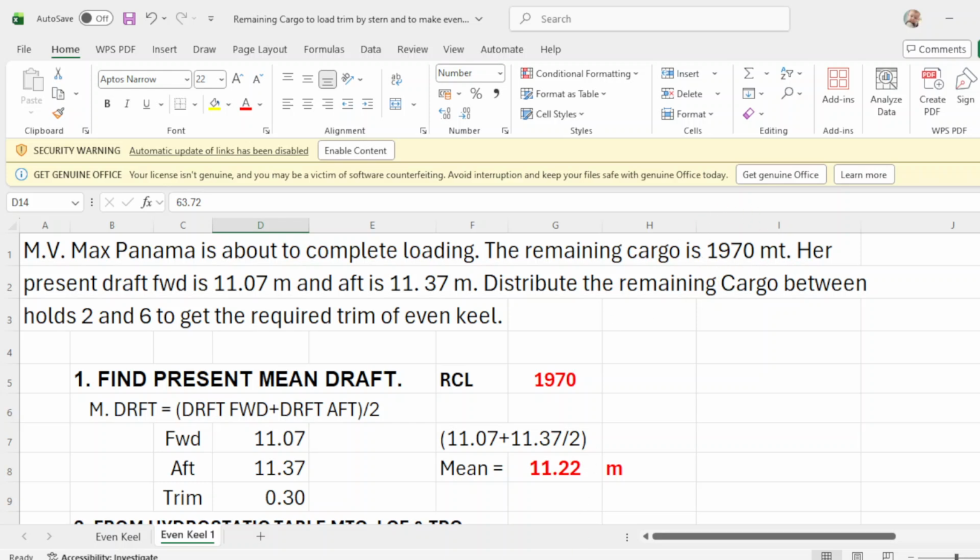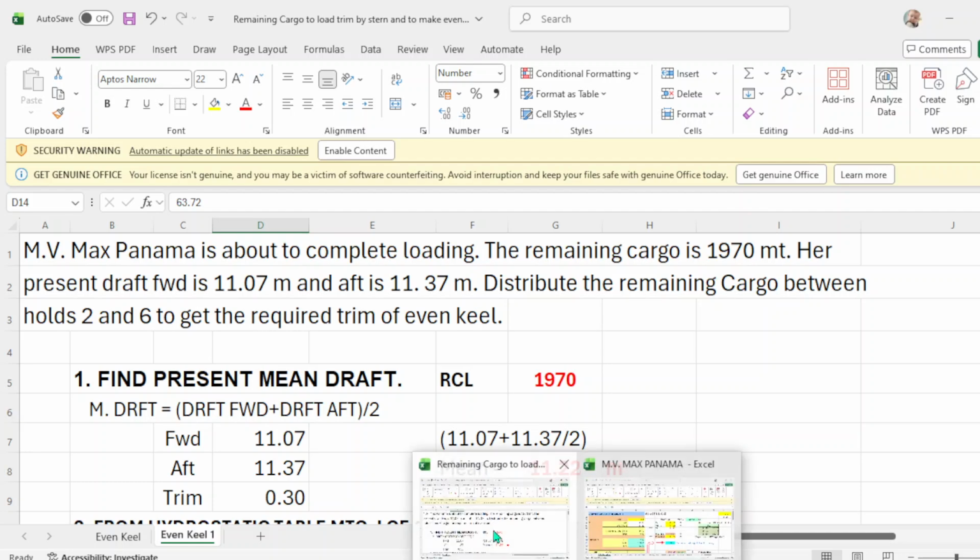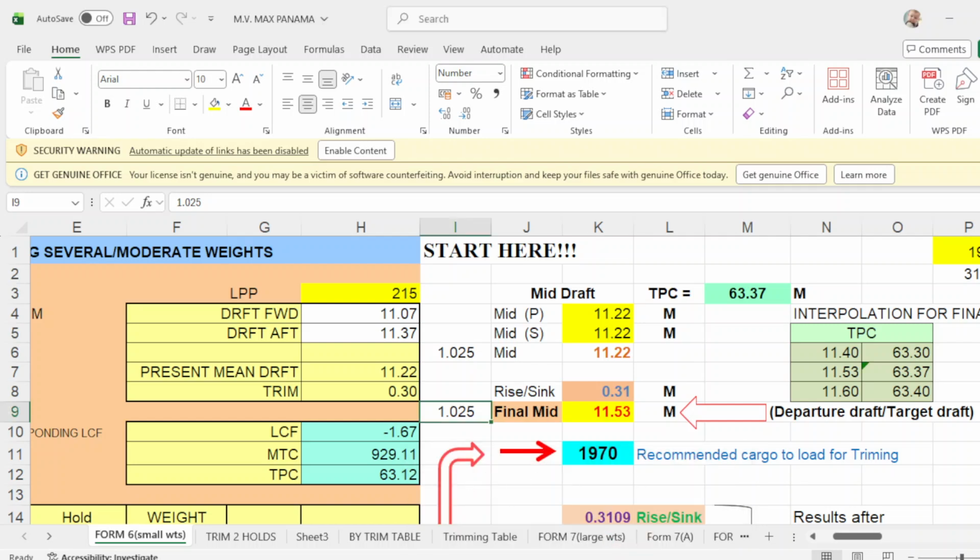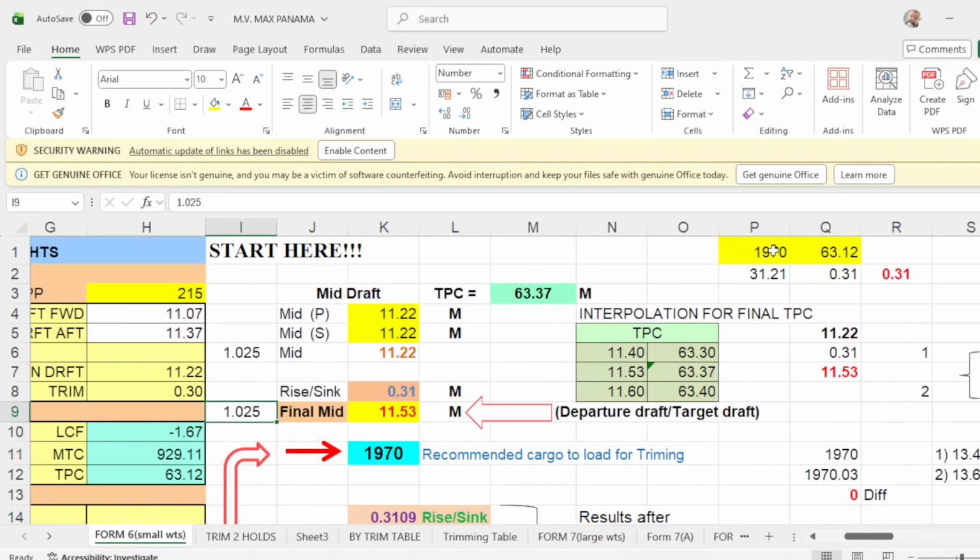So what we do, I will put here the remaining cargo of 1970, and take note that the TPC of this initial draft is 63.12. So I put here 63.12, and what you will do, 1970 divided by 63.12, that will be 31.31 centimeters.